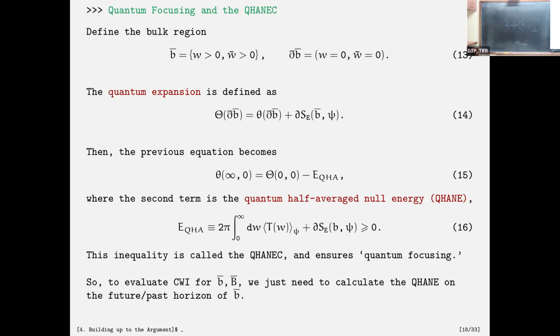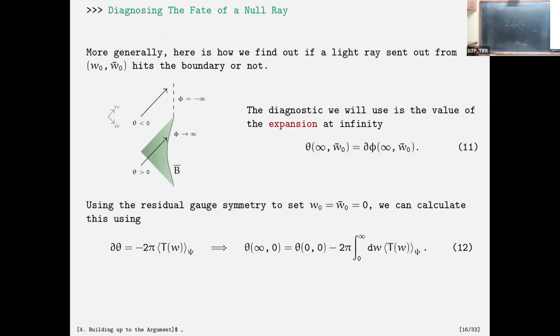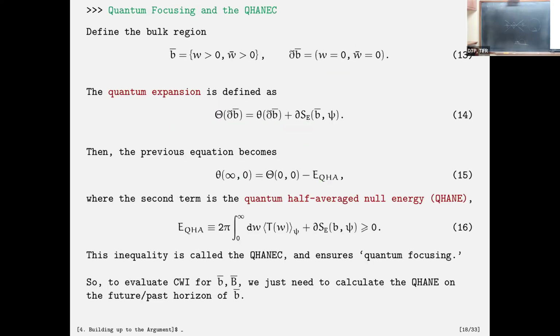Now, because I'm talking about entanglement entropy, I have to talk about regions instead of points. I take this equation, and I add and subtract derivatives of entanglement. I get that the expansion at late times, in the future, is equal to the quantum expansion at the original point minus what's called the quantum half average null energy, or the coarse-grained one.